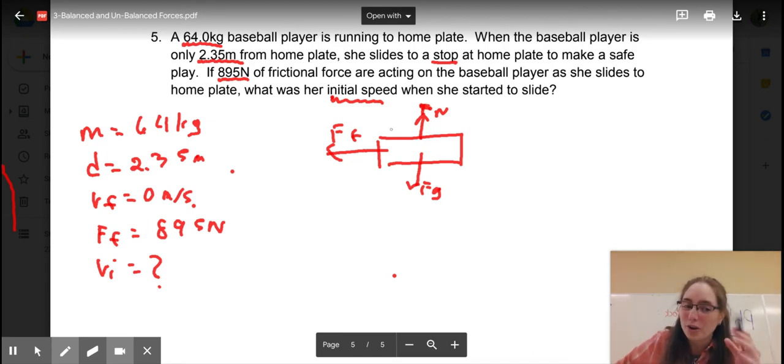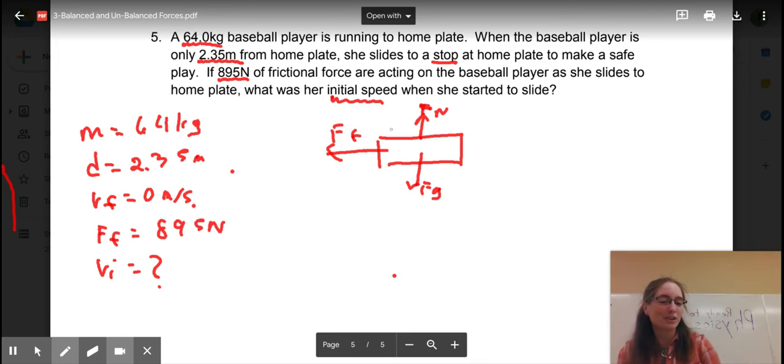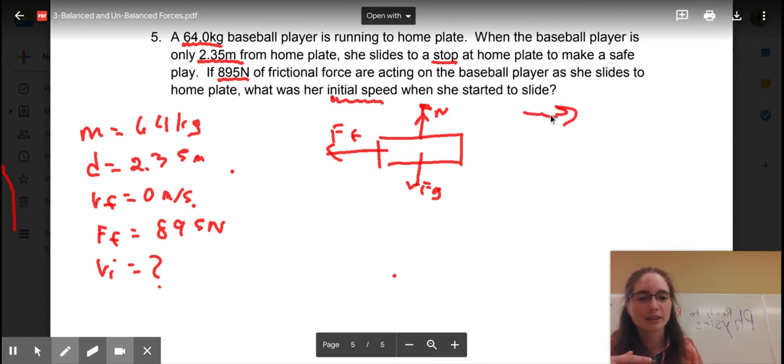So just like that car question where the kid pushed a car and when it wasn't actively applying a force on it, it had no force applied. This baseball player, she's got no force applied. So that means we are going to add our, so that did not show up very nicely, direction of motion going this way. But now our Fnet diagram is going to be a lot easier.